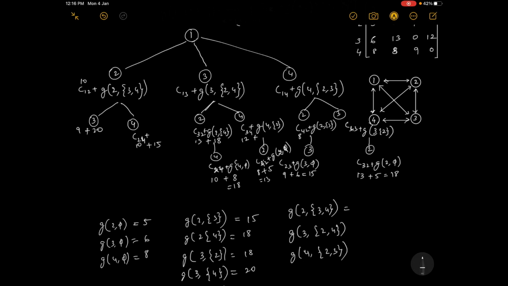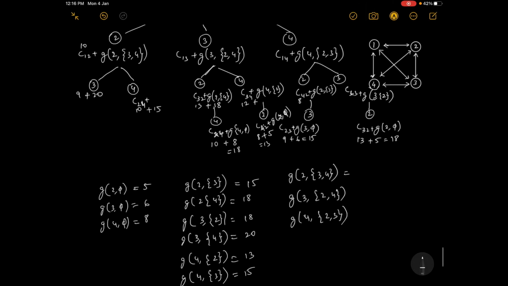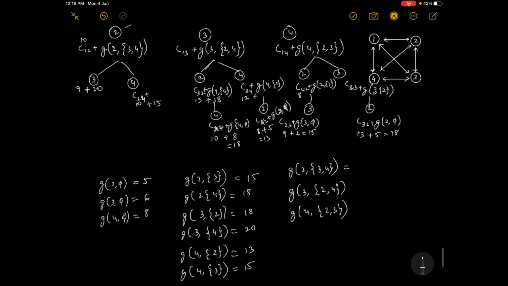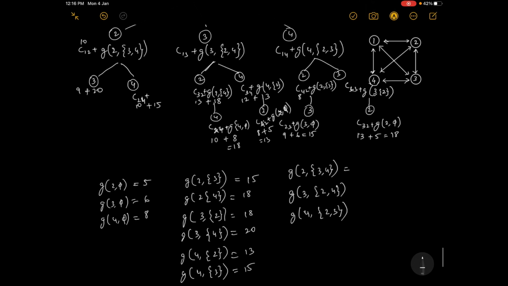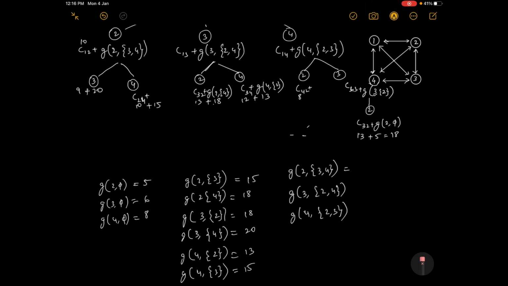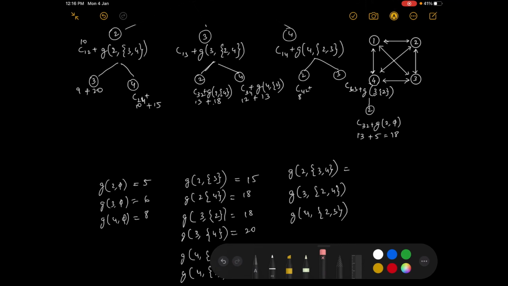Now 12 plus 4 comma 2 is 13. Okay, so I'll rub this and rub this, and here 8 plus 15, so I'll rub this, and it is 8 plus 15.